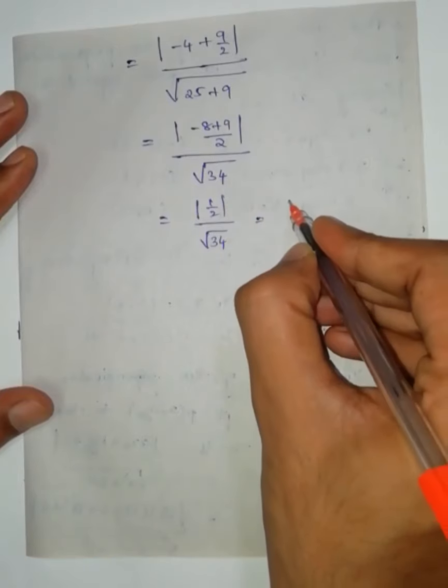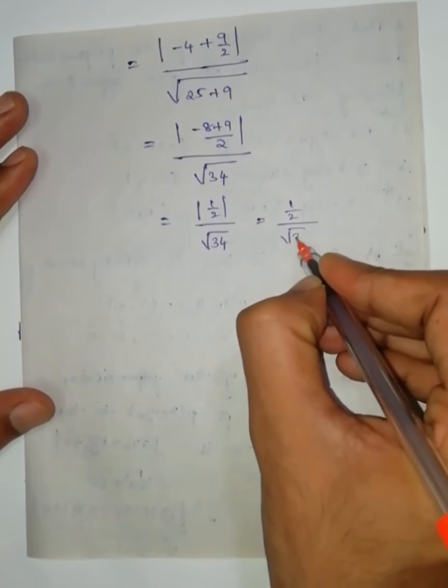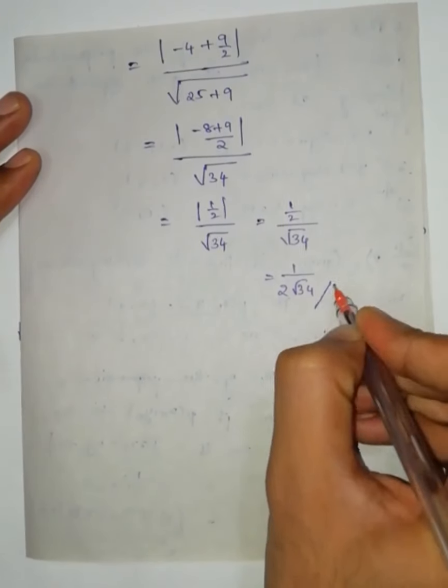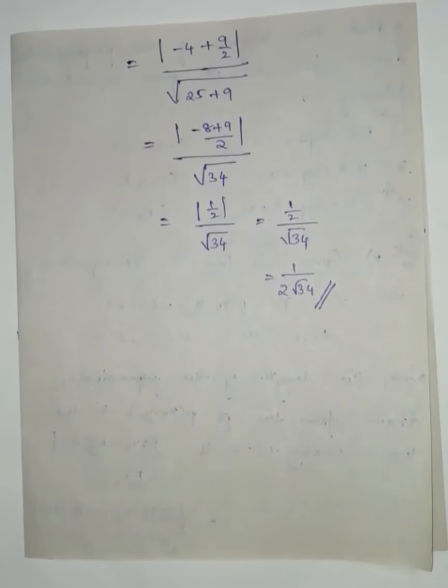Modulus of 1 by 2 is 1 by 2 by under root 34, which is equal to 1 by 2 root 34. That is the answer.